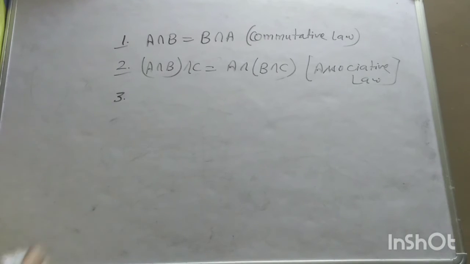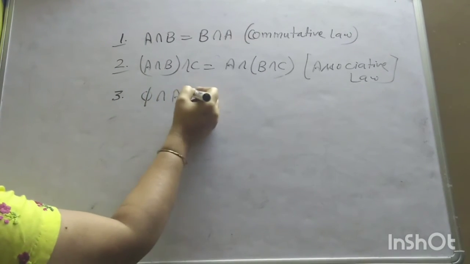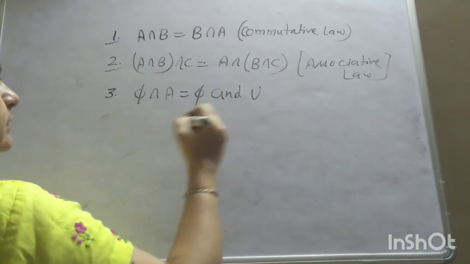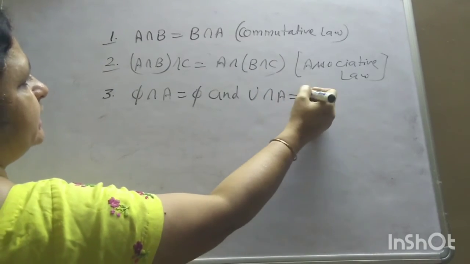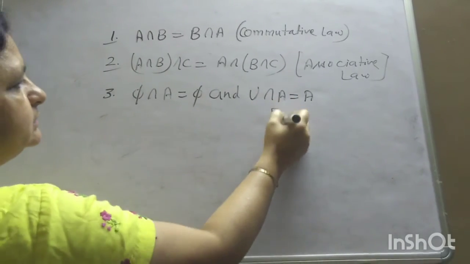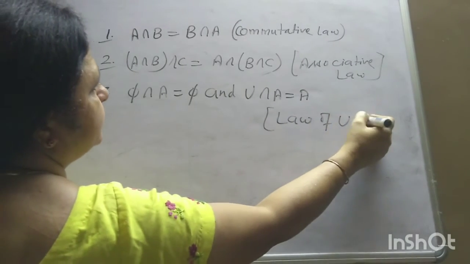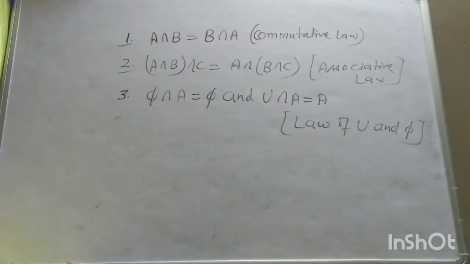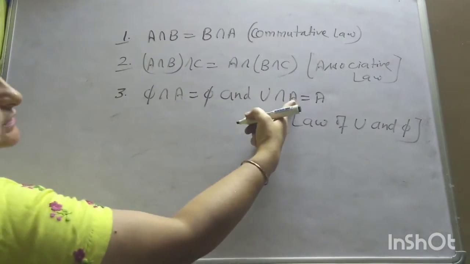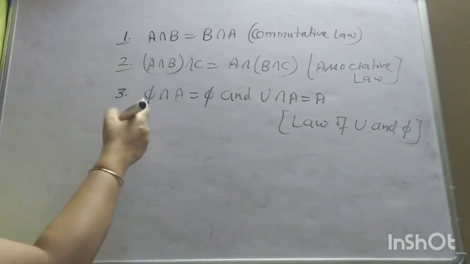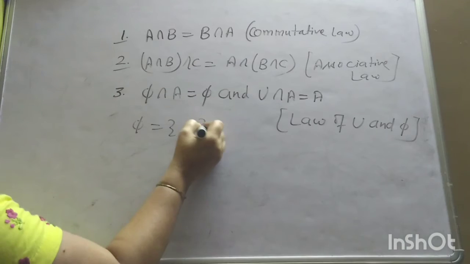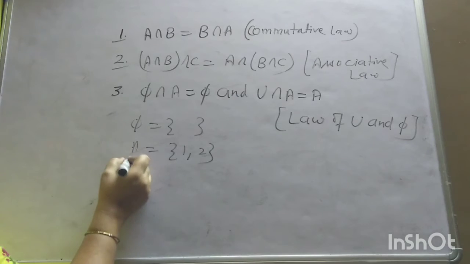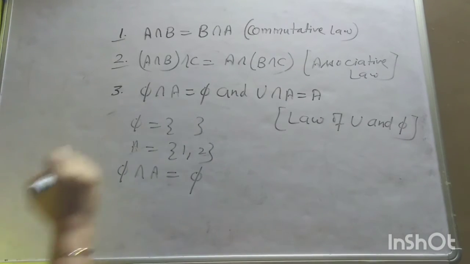Now, the next one is phi intersection A is equal to phi, and universal set intersection A is equal to A. This is the law of phi and this is the law of union. Now, phi means empty set. Let A be 1, 2. Nothing is common, so phi intersection A is again empty set.